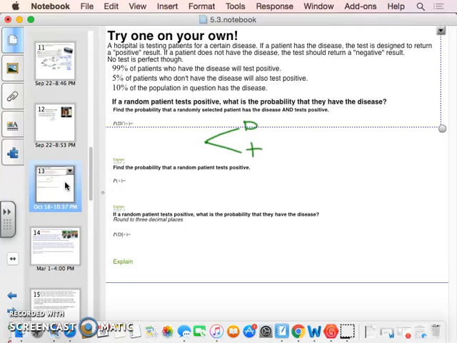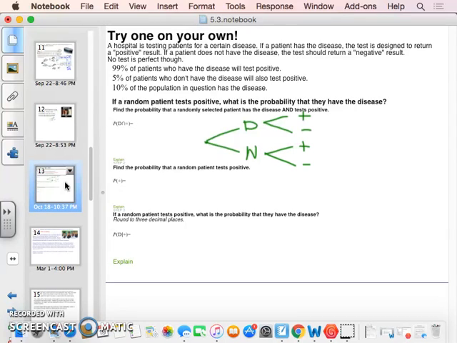So D is you have the disease. So once you have the disease, what's the probability that you will then be positive, or it was a false positive and you got a negative? And so, sorry, this is disease and not disease. This should be not disease. And again, positive and negative.